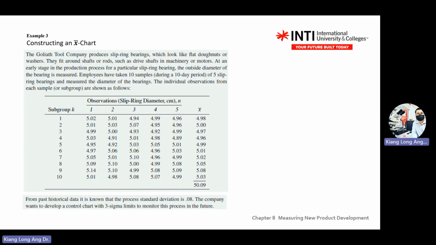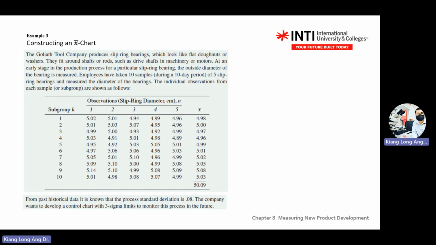They measure the outside diameter, and the employee takes 10 samples during a 10-day period, 5 strip ring bearings each time. So they take 5 bearings, 10 times, and measure the diameter of the bearings.